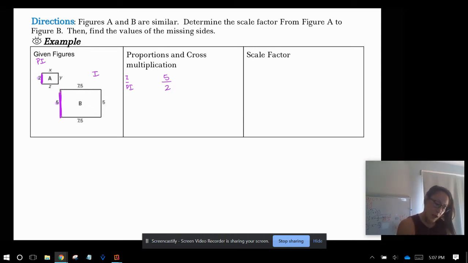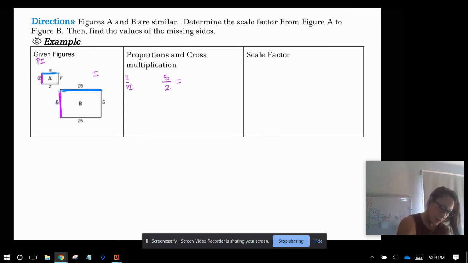Okay, and that should equal the value of the top part, the width of the rectangle, over the other width, because if the rectangles are similar, then the side lengths should also be proportional.